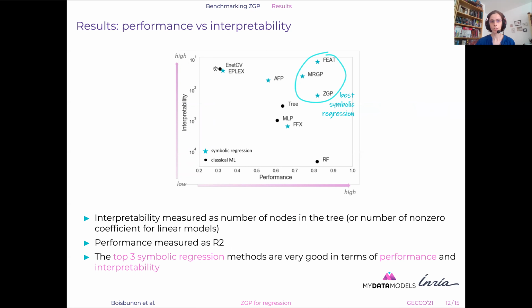So for traditional machine learning algorithms in black, it's mostly what we showed at the beginning. And for symbolic regression, we have some of them that are similar, but the most interesting feature is that we have the 3 best symbolic regression algorithms that are much more interpretable than random forest, almost as accurate, or as accurate, but much more interpretable. And this is a really nice feature.